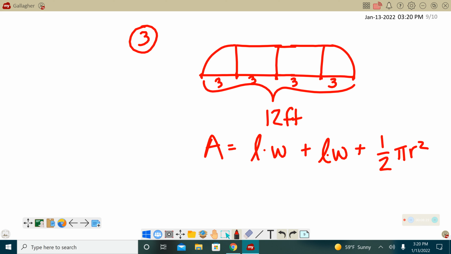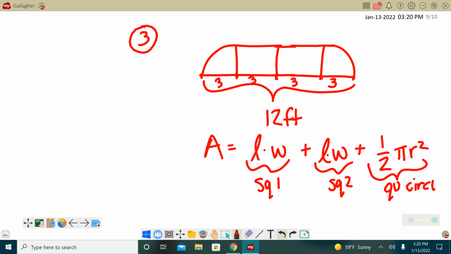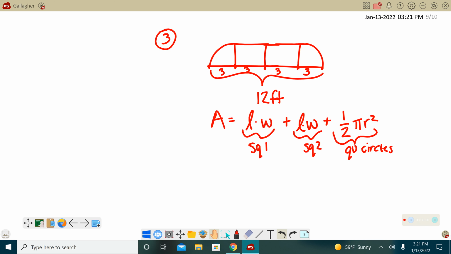This piece is a circle, and the half makes it half of a circle. So I'm going to label these. This is square 1. This piece is square 2. And these are my quarter circles. Combined, 2 quarters makes a half. Alright, here we go.